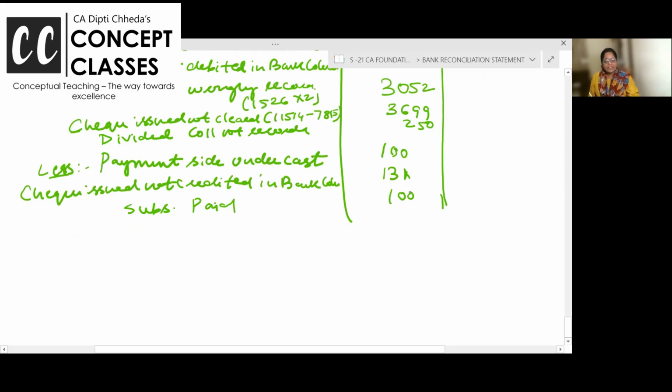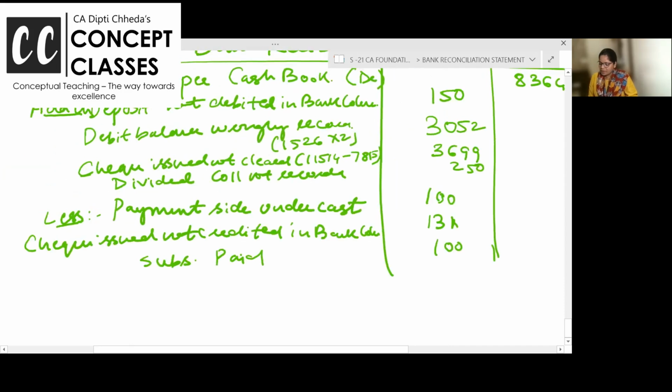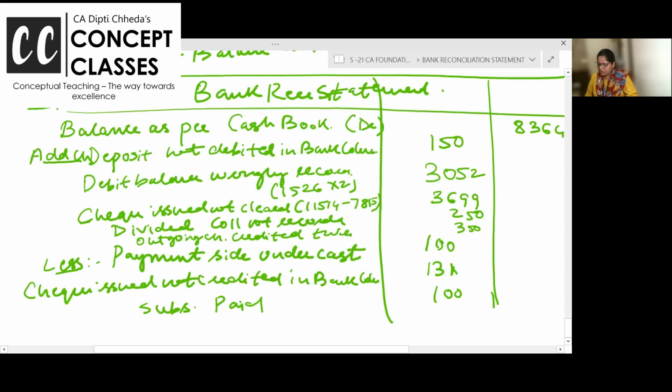An outgoing check of 350 was recorded twice. So twice you have credited. So now what should you do? Debit 350 rupees. Outgoing check credited twice, so now you debit.